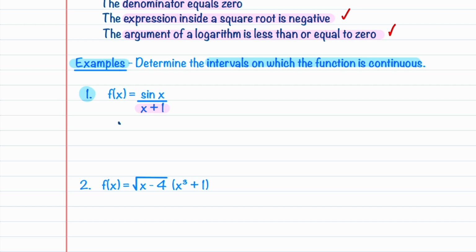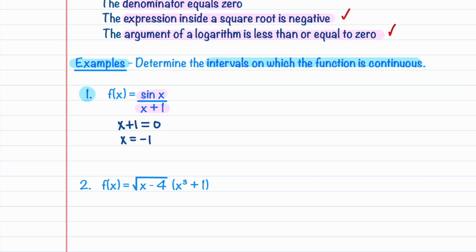So let's take x plus 1 and set it equal to 0, and we get x is equal to negative 1. So our function is not going to be continuous at x is equal to negative 1. The trigonometric function sine x is always continuous.